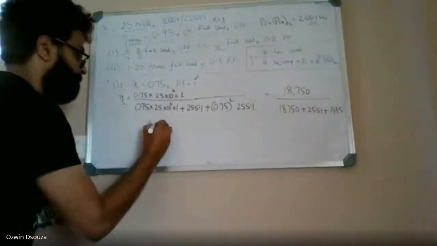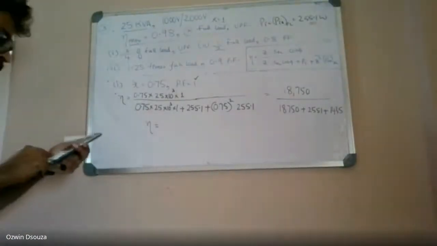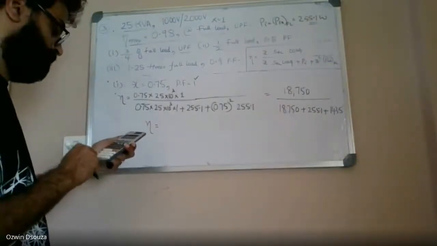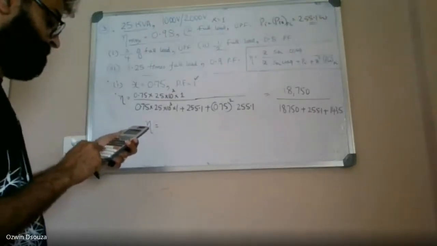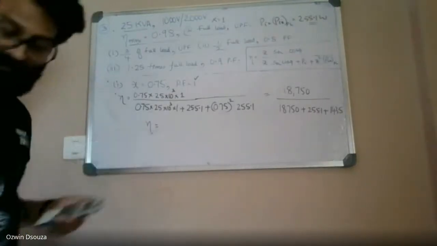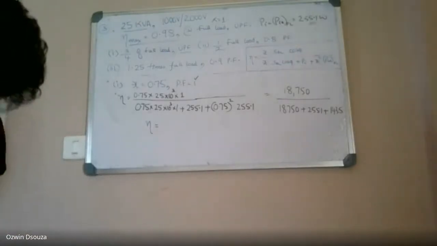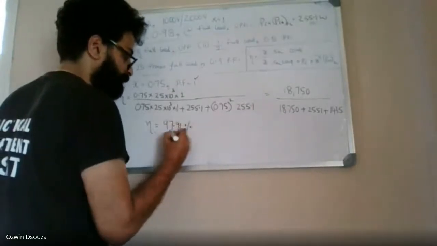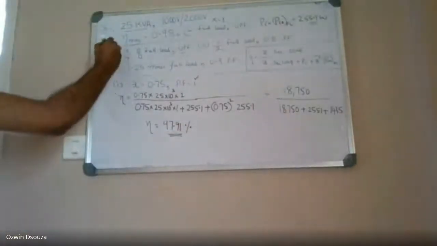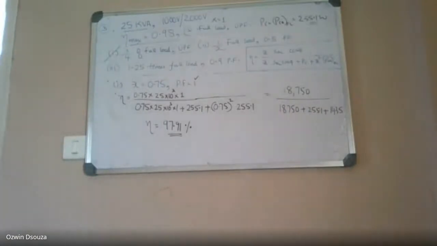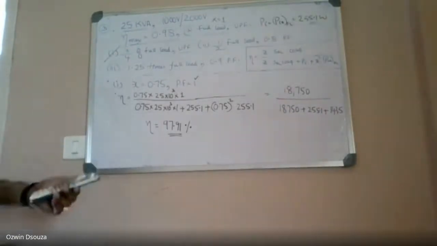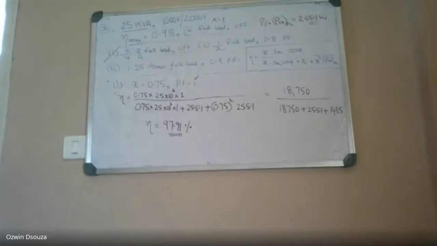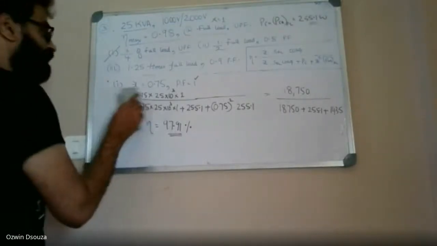So eta, you will get it as 97.91%. So that's your first part, 97.91%. All right, so similarly, you can solve part 2 and part 3. Please do it and let me know the answers.